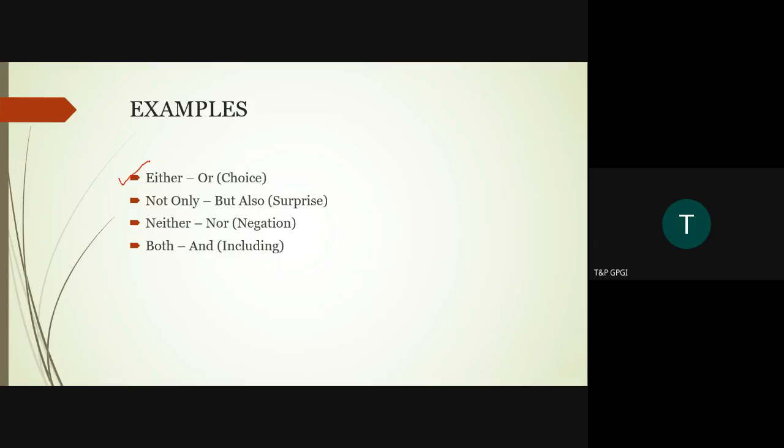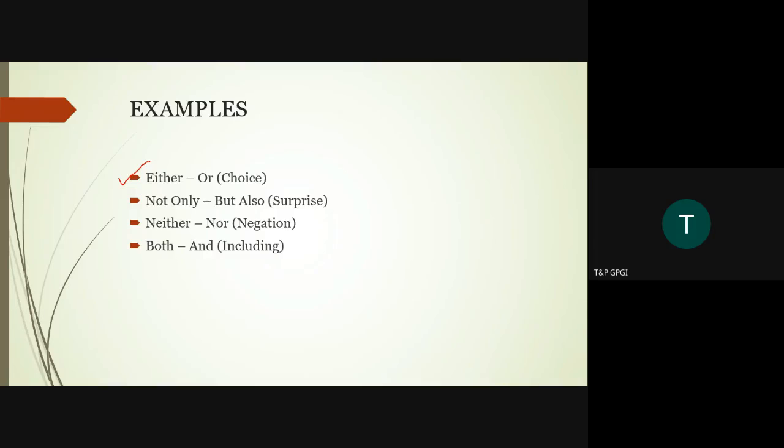I hope nobody says that to you ever, but this is an example. So we have either or in one sentence. It's your choice. Just pay it back. Don't borrow anything from anybody, or you will see the consequences. So you have a choice, whether you like it or not. That choice you have to make.